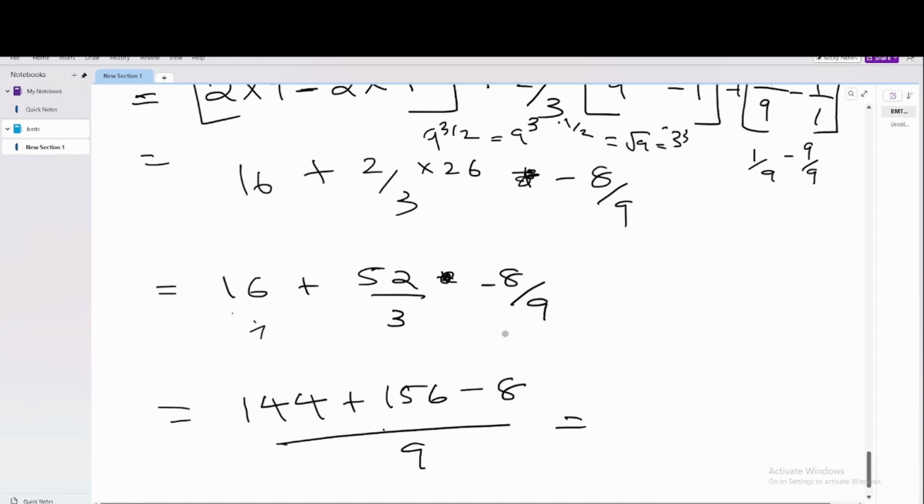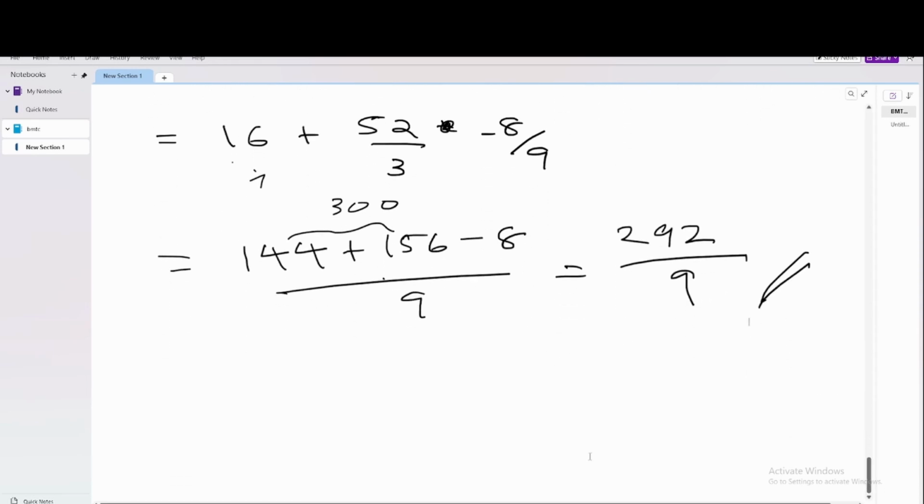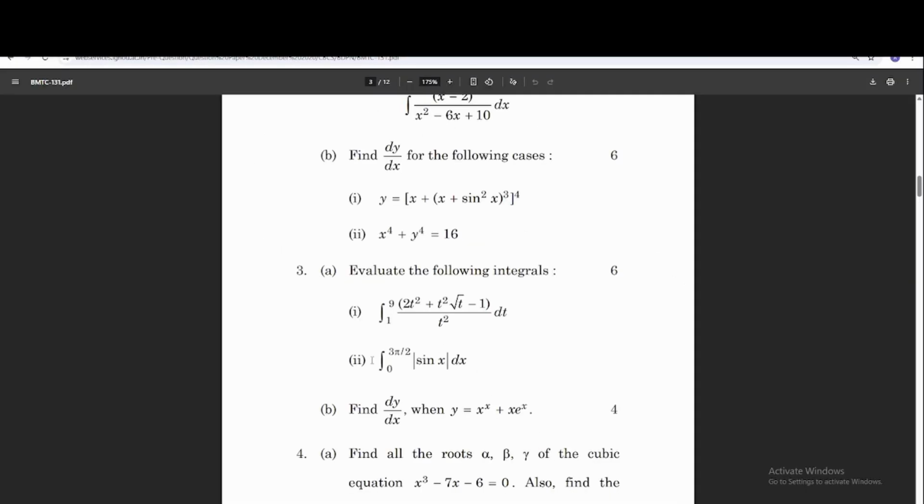So this is equal to 300, if I am right. 300 minus 8 is 292 by 9. This is the final answer. The next question is the second one: the integral 0 to 3 pi by 2 of mod of sin x dx.